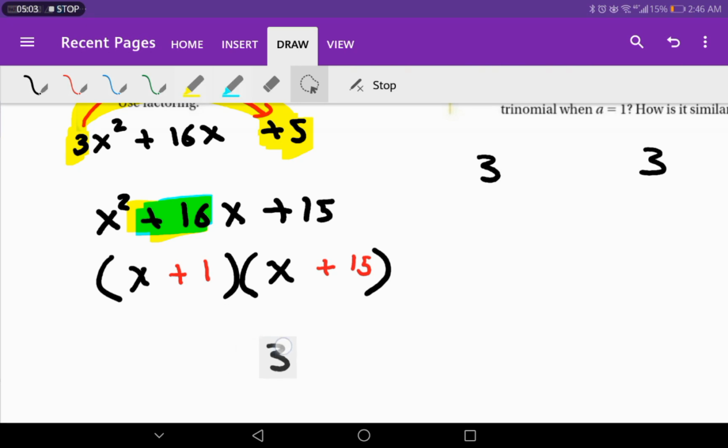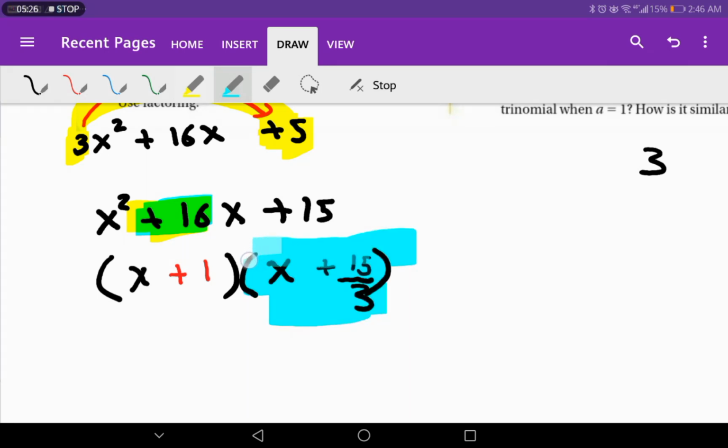But clearly it works with the 15. How does it work with the 15? It could be divided by 3. It is one of the factors of 15. 15 divided by 3 equals 5. Yes, good.